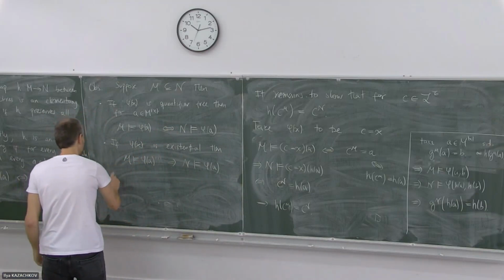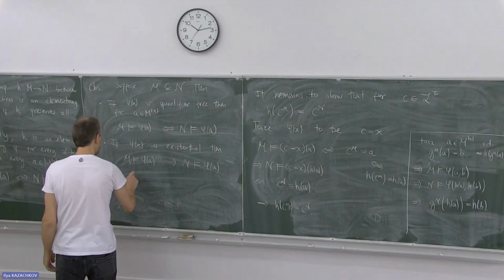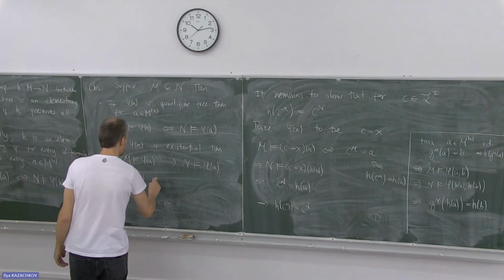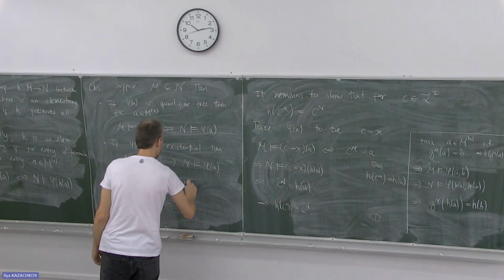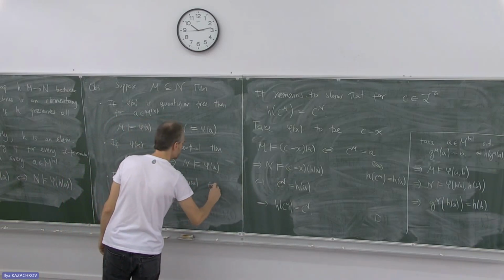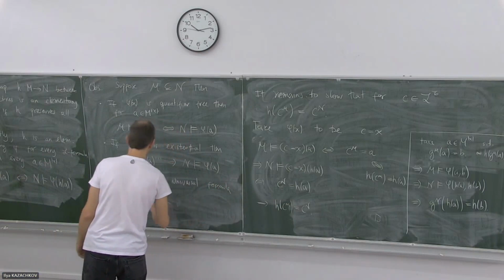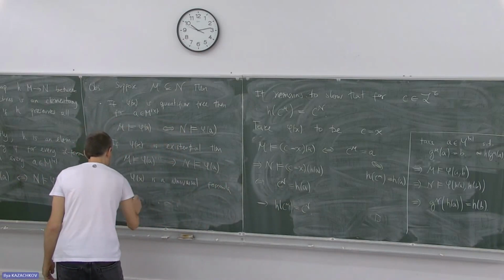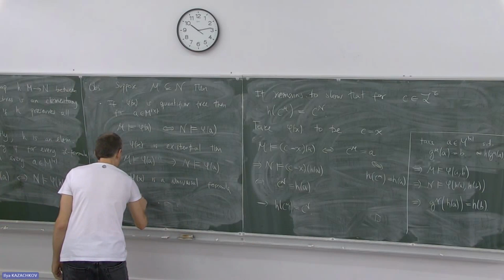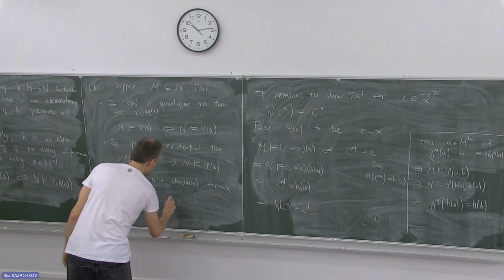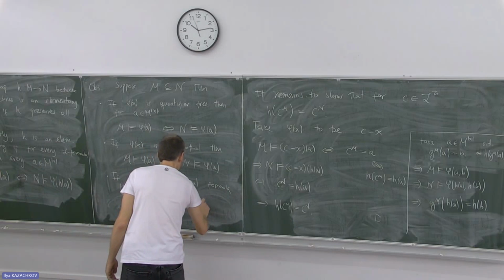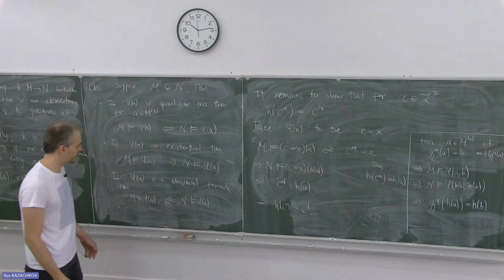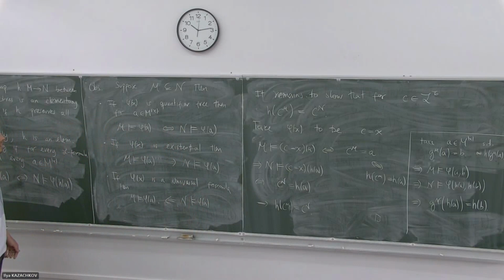Right? So if X is a universal formula, then here I put the arrow this way, right? Universal formulas go down.